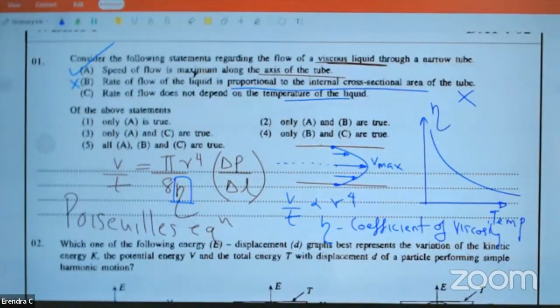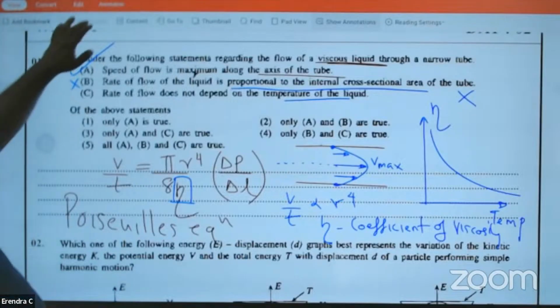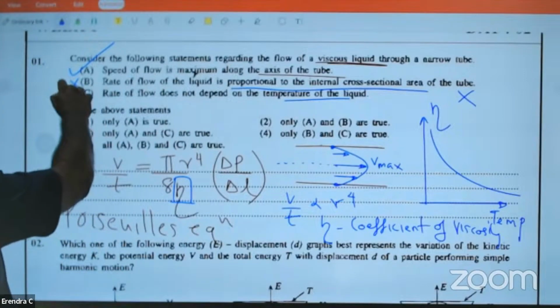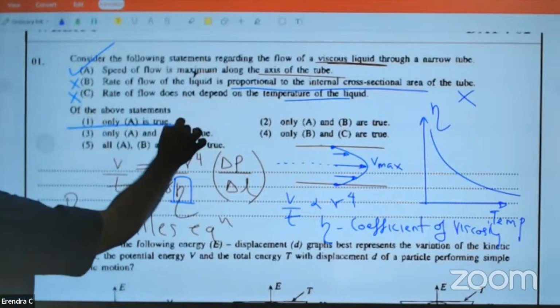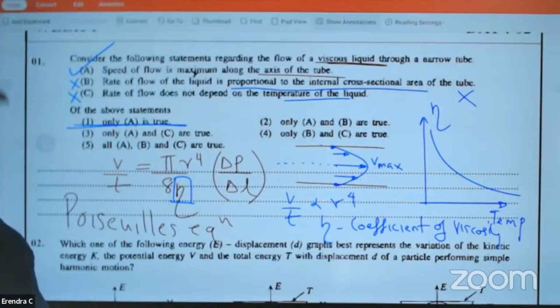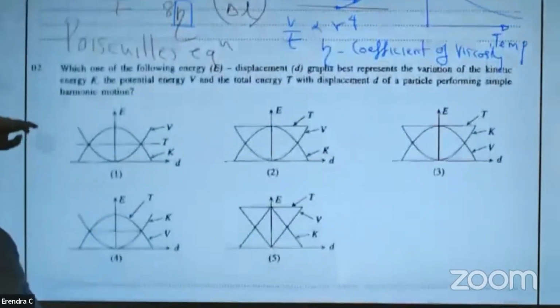From this you can select the correct answer. C is also wrong. Only A is correct. Okay. Moving onwards.